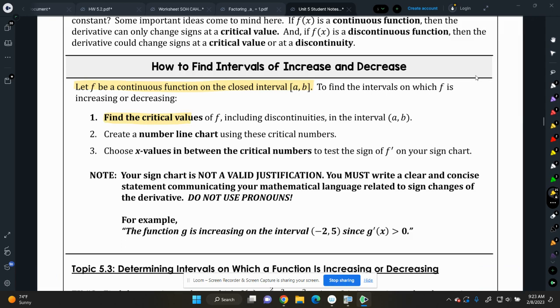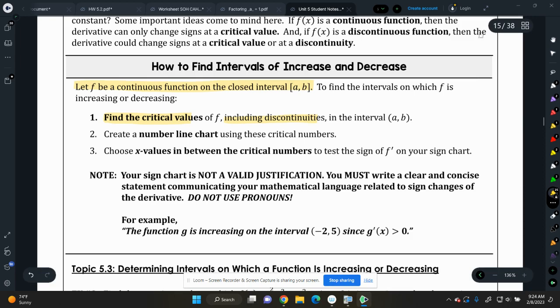Vertical asymptotes. And what else? X values, like the zeros of the derivative, and discontinuities. So those are all critical points. Then we're going to create a number line chart.